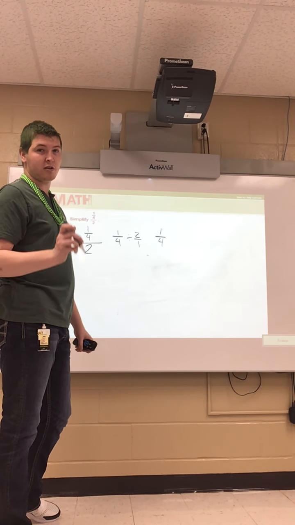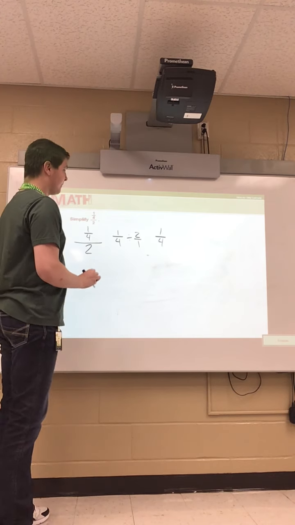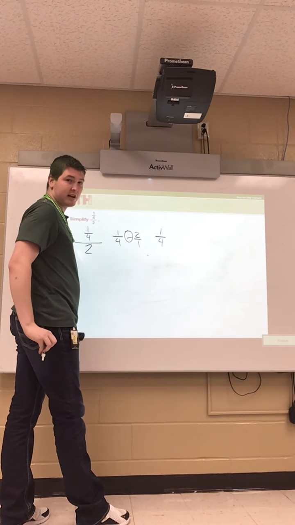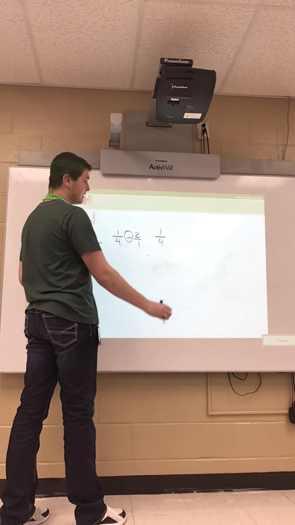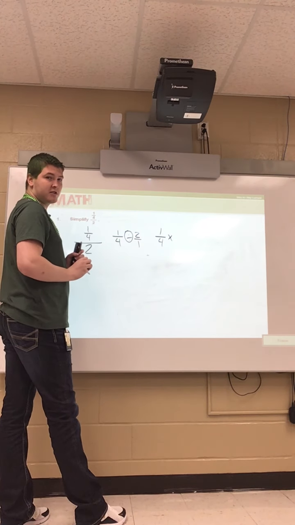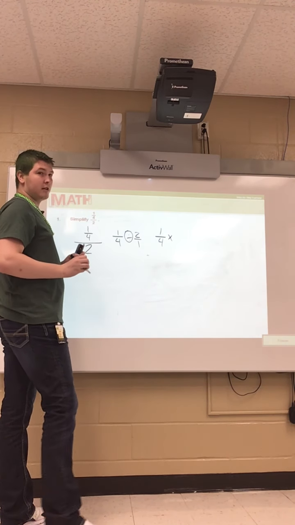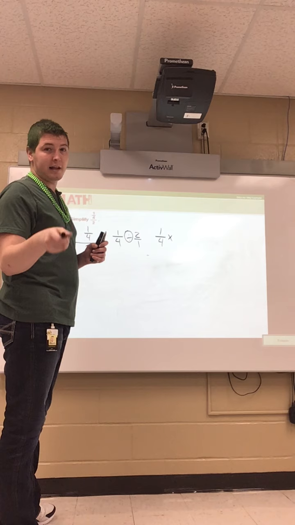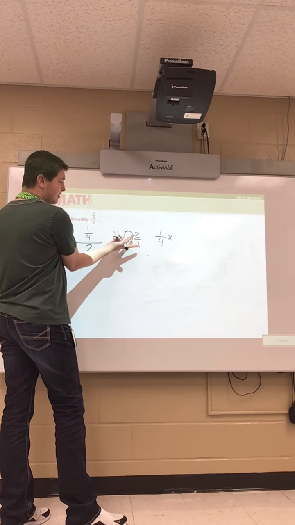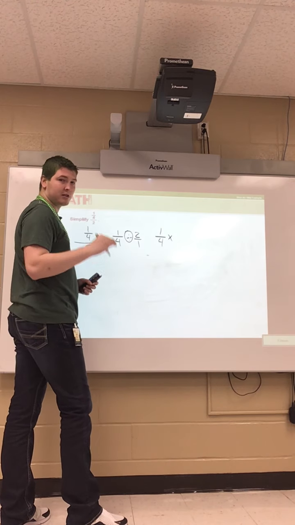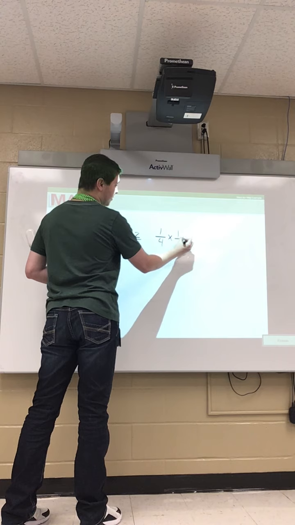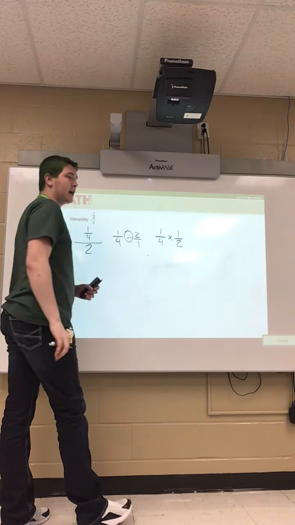We're going to switch this division sign to multiplication so it's easier, and then flip. We're going to take that second fraction and flip those numbers around. So instead of 2 over 1, it's now 1 over 2.